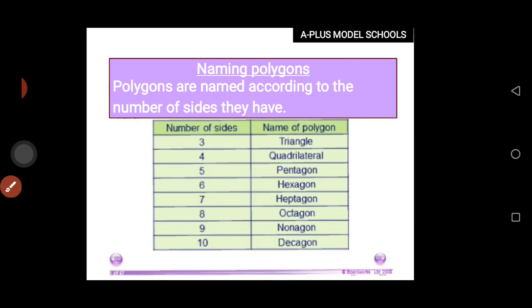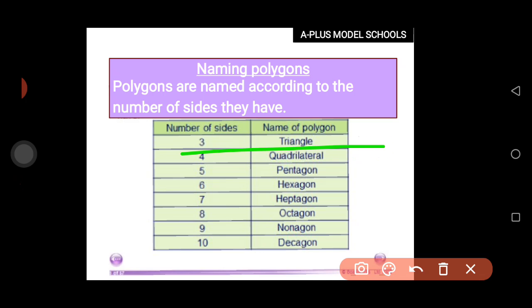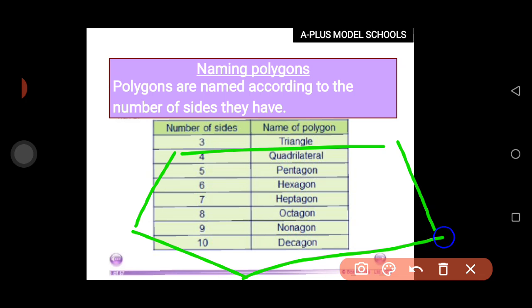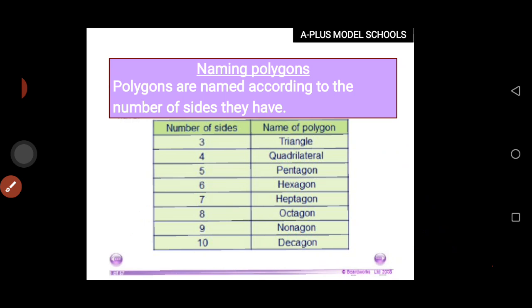So another one is a pentagon. That is a shape that is having 5 sides. 5 sides, sorry. I can also have a shape like this. 1, 2, 3, 4, then 5. So you can see this is also a pentagon, which is a shape that is enclosed by 5 sides.